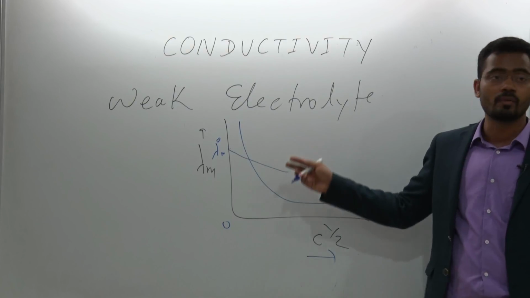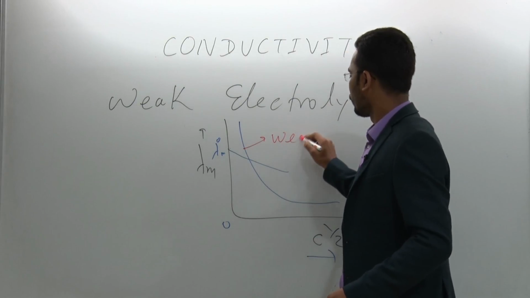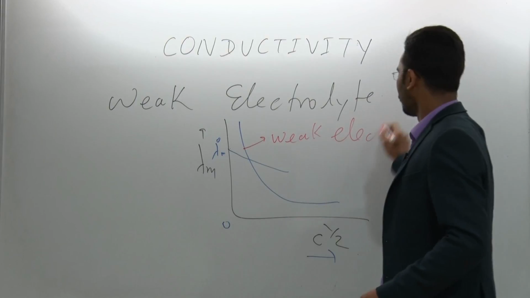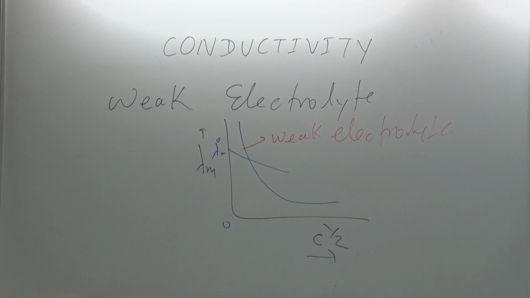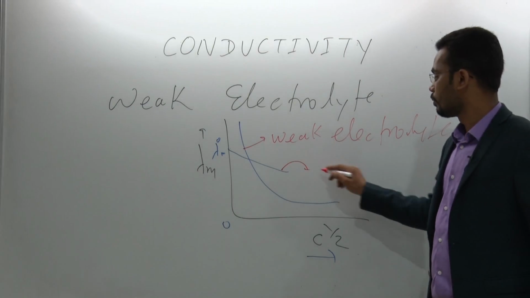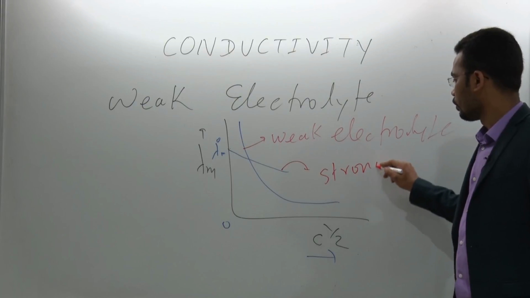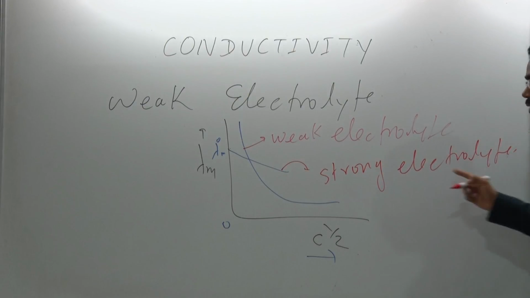Therefore one law is required, that is called Kohlrausch's law. This curve is for a weak electrolyte, and this is for a strong electrolyte. Yes or no?